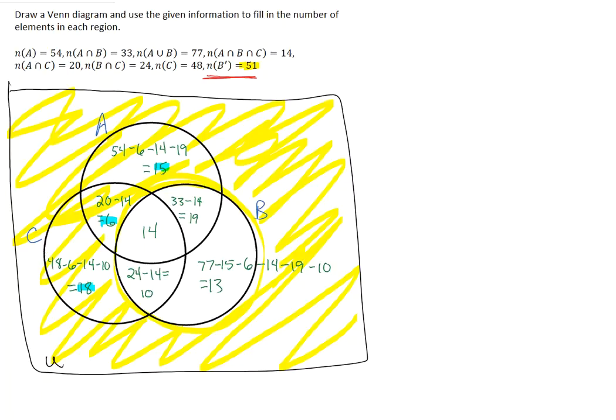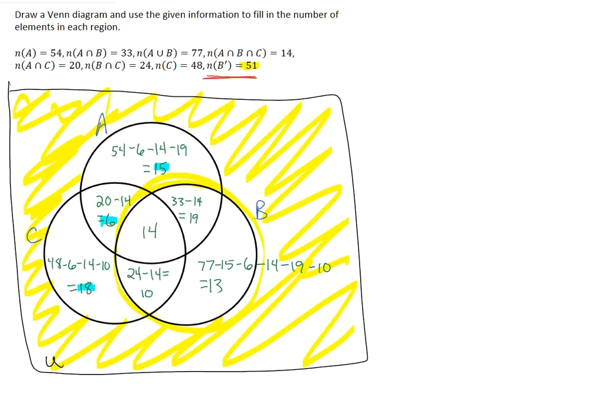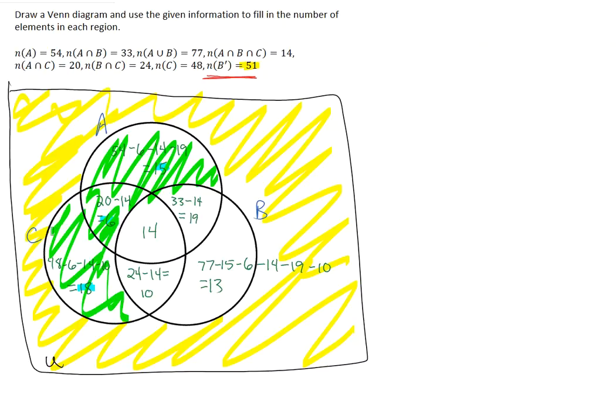So in other words, I changed my highlighting a little bit. I'm trying to figure out how much is in the yellow area. What I know is how much is not in B. So that's going to be all the yellow and green areas. So I need to subtract off the cardinalities of the green area.